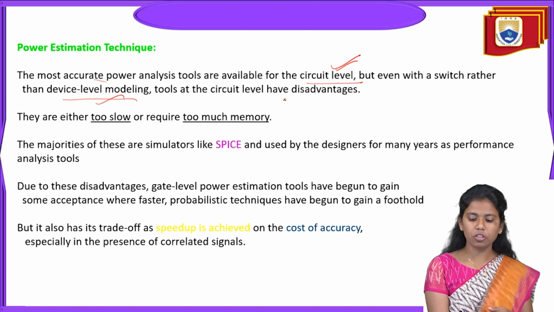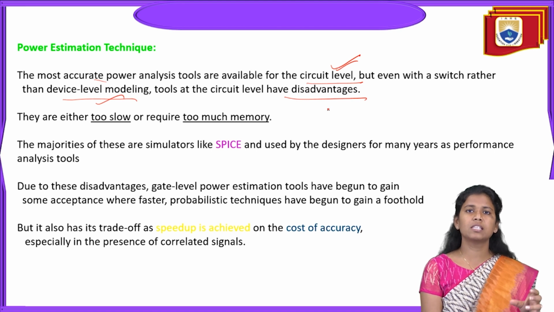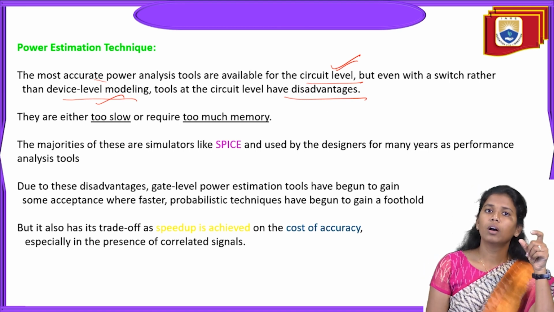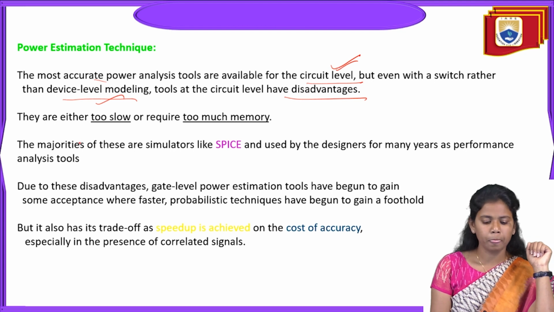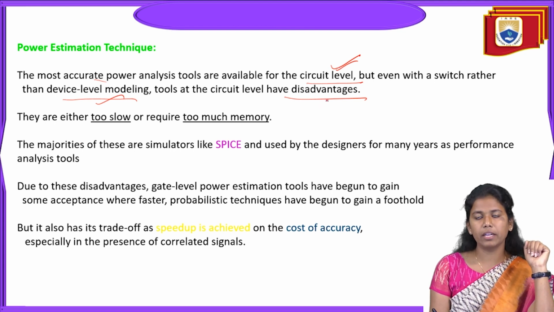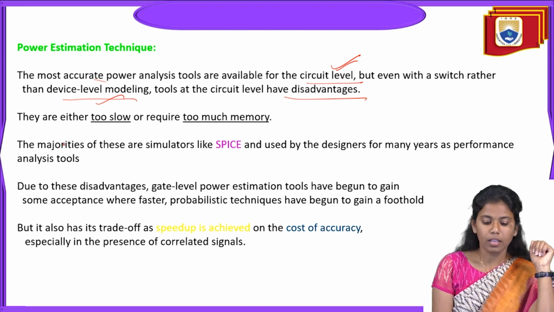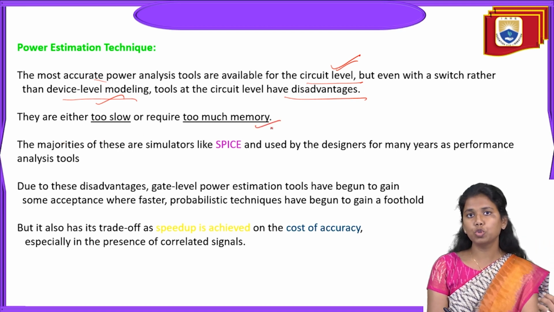But there is a disadvantage when you consider the power estimation tools at the circuit level. So in this case, we can choose the power estimation tools for the design level modeling. Why? Because the circuit level has some disadvantages: they are either too slow or they require too much memory.